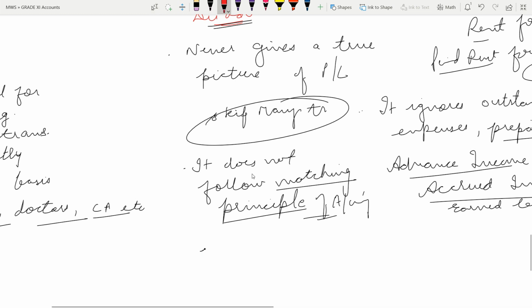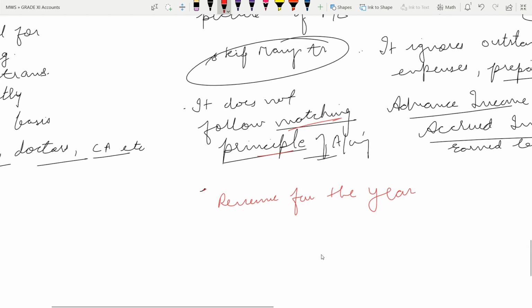let me tell you regarding this matching principle. Maybe some of you don't remember. So matching principle is something like this. Suppose you know your revenue for the year, how it is generated. Now, for generating the revenue, you must have done some expenses.